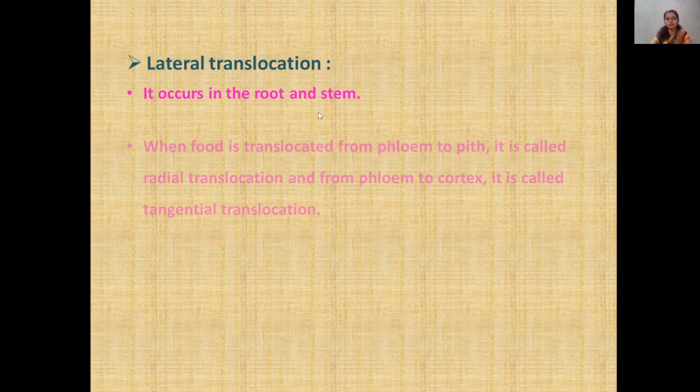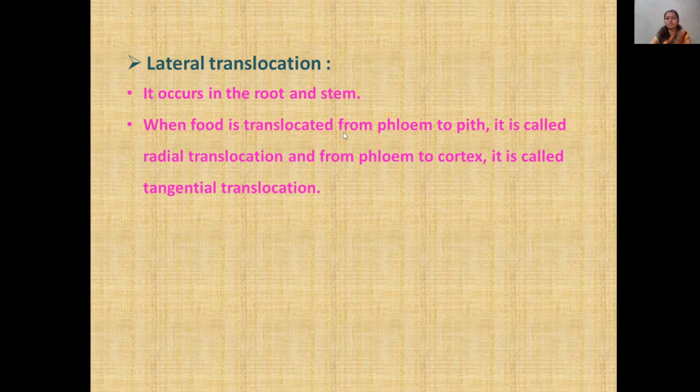Next, lateral translocation. First, it occurs in the root and stem. When food is translocated from phloem to pith, it is called radial translocation, and from phloem to cortex, it is called tangential translocation.